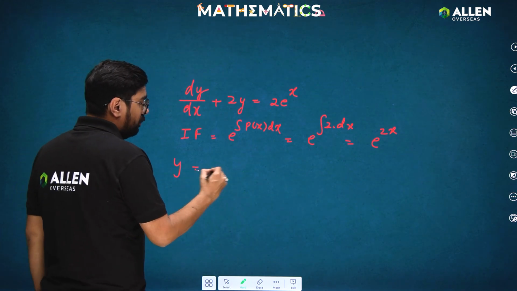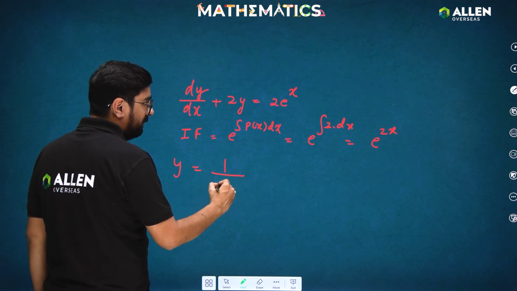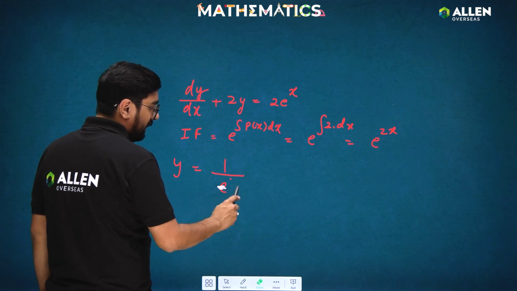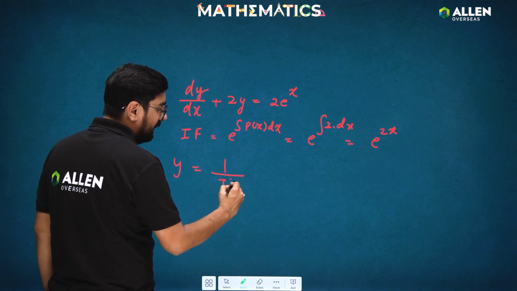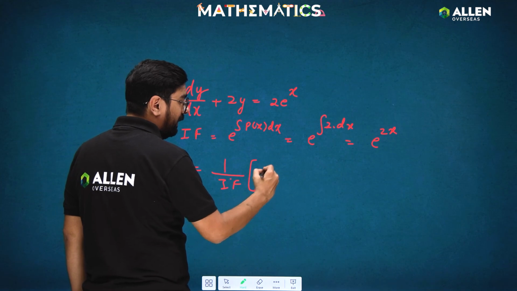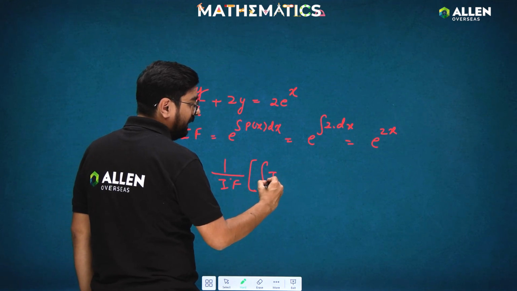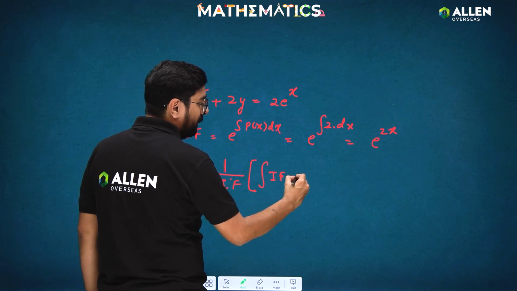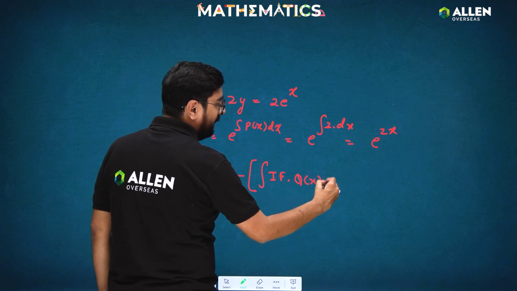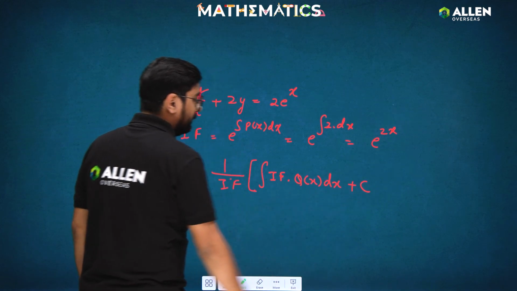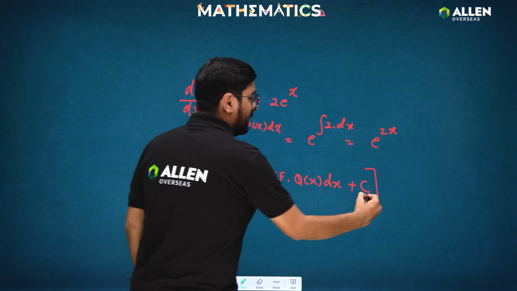So you can write the solution like this: 1 by integrating factor, which will be e to the power 2x. I'll write the formula first: 1 by integrating factor multiplied with integral of integrating factor multiplied with q of x dx plus c. This is going to be your general solution.